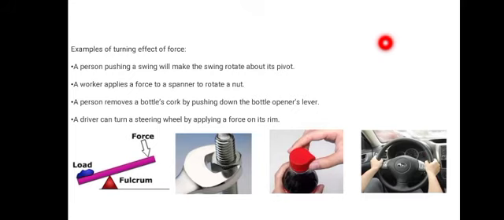It will cause a nut to rotate in the direction of the force. Similarly, we can open a bottle's cork by applying torque, and similarly we can move the steering wheel of a car by applying torque, either clockwise or anti-clockwise.